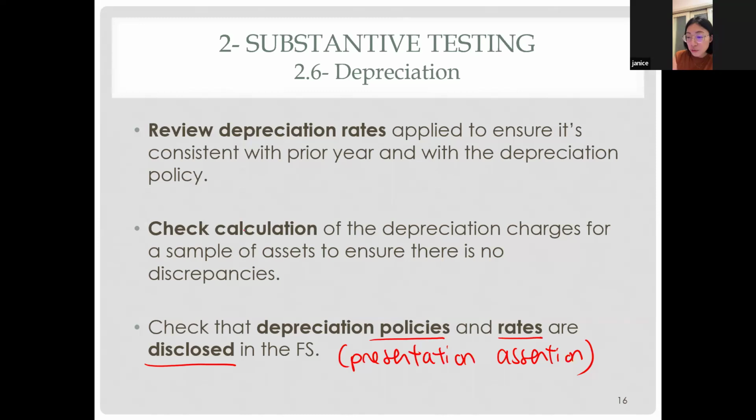And of course, we need to recalculate, right? We need to recalculate here. Check calculation, recalculation is the same thing. We need to check if the charge, the calculation of the depreciation, was done correctly.